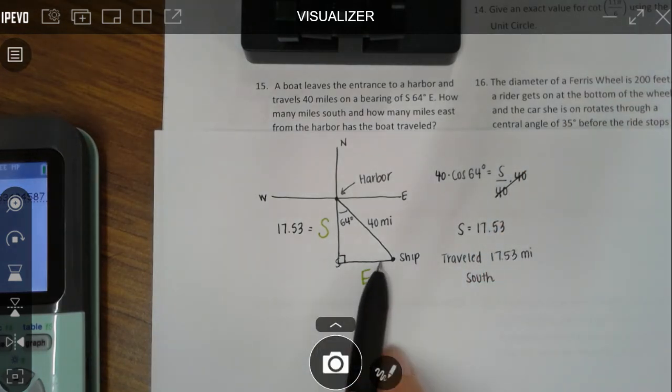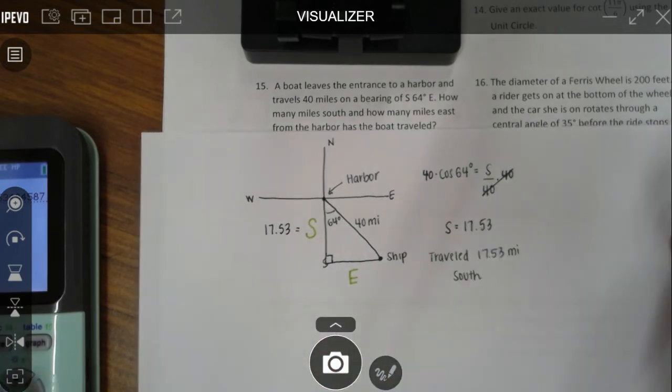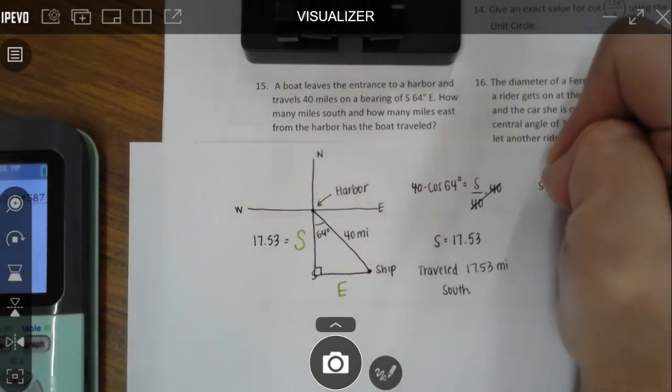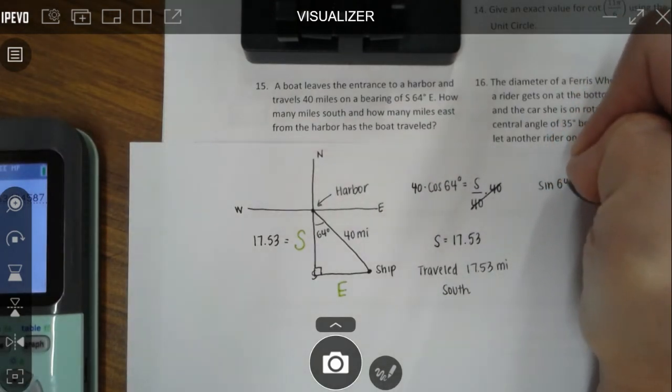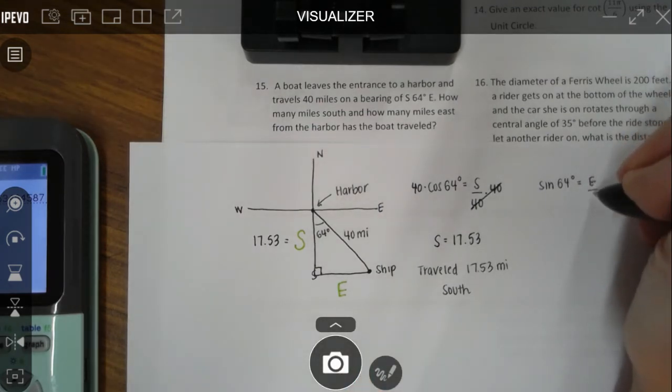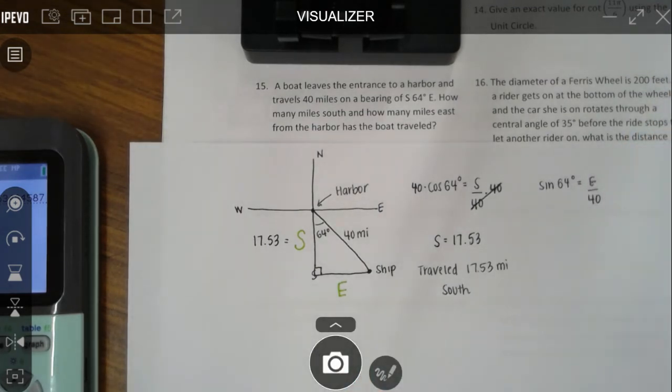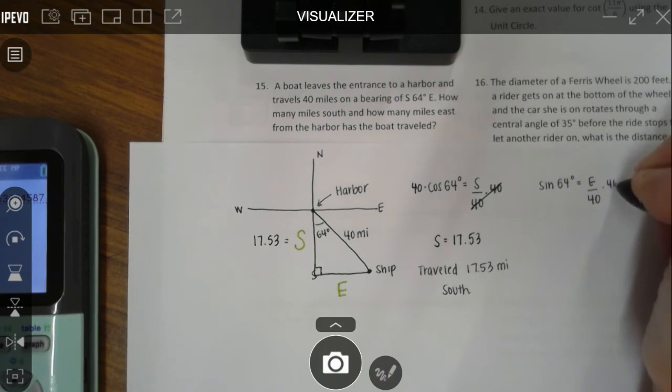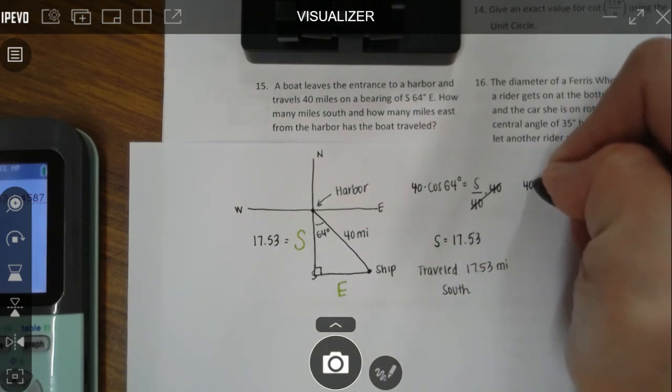And then to solve for my other side, I can use my sine ratio, since my 64 degrees is opposite my side of E. So I'm going to set up my sine ratio. So sine of 64 is equal to the opposite side of E over the hypotenuse of 40. And then use a similar solving strategy, multiply each side of the equation by 40.